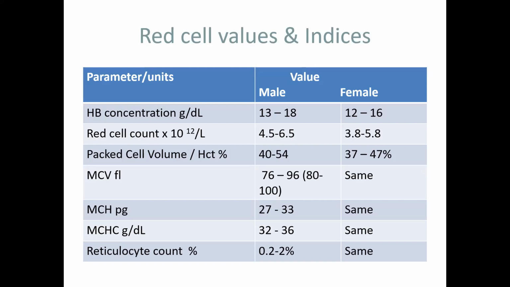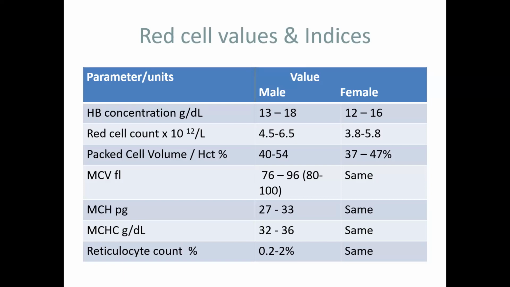So it is different from your mean corpuscular hemoglobin. I will show you when we are calculating how the calculations are different between mean corpuscular hemoglobin and mean corpuscular hemoglobin concentration. And this is higher than MCH. It is 32 to 36, and the same for females and for males.